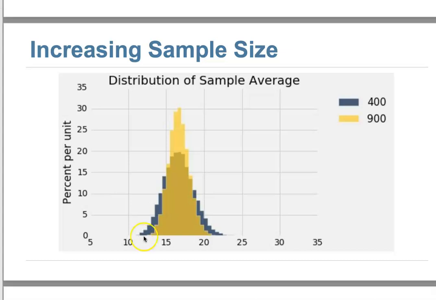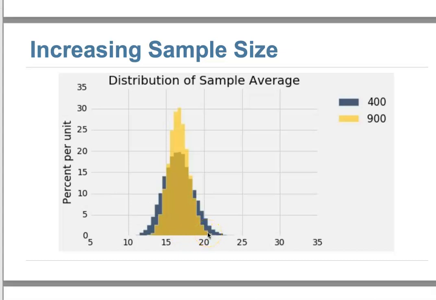We found that no matter whether the size is 100, 400, or 900, the distribution is close to the normal distribution. The center is close to the population mean, and with a larger sample size, the width of the bell is narrower.